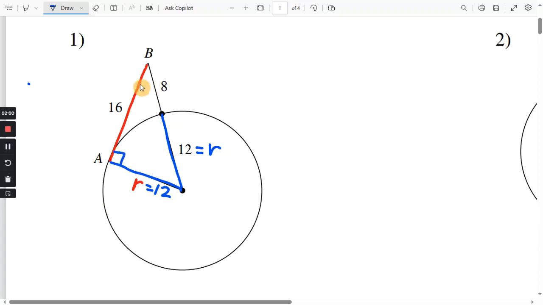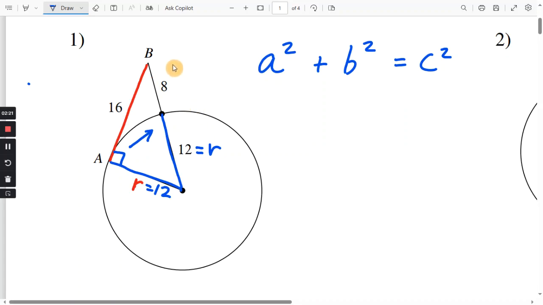So we have a potential right triangle. We want to see if we can prove a squared plus b squared equals c squared. C is always the hypotenuse, across from the right angle, so that's going to be this whole side length here.